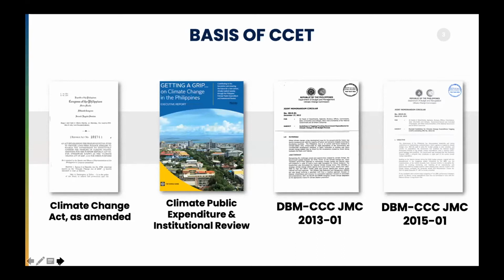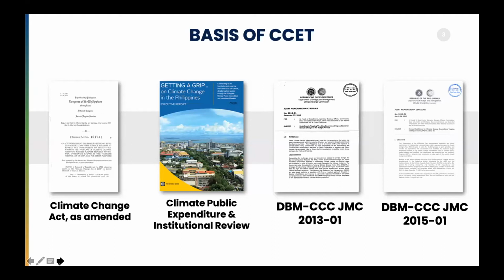And at the same time, DBM also has a mandate that is stipulated in the Climate Change Act as amended, wherein they are tasked to undertake the formulation of the annual national budget in a way that ensures the appropriate prioritization and allocation of funds to support climate change related programs and projects in the annual program of government.